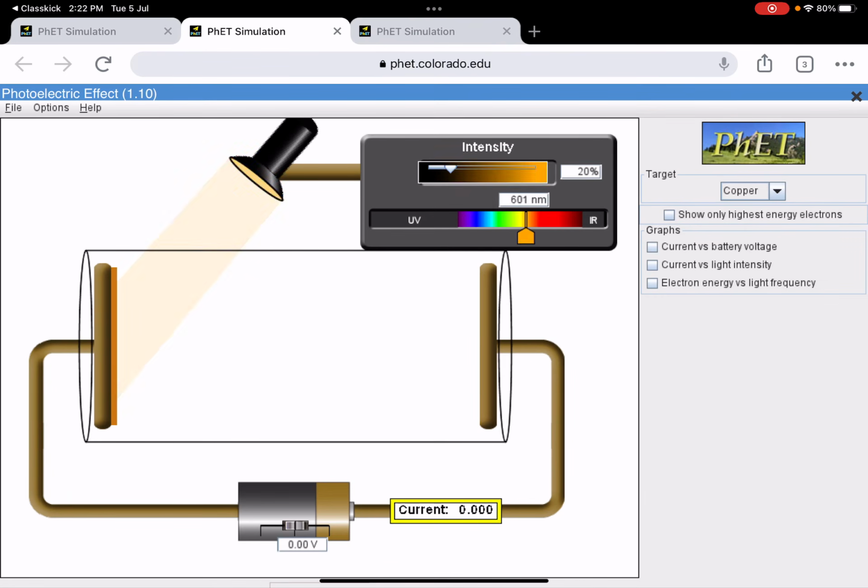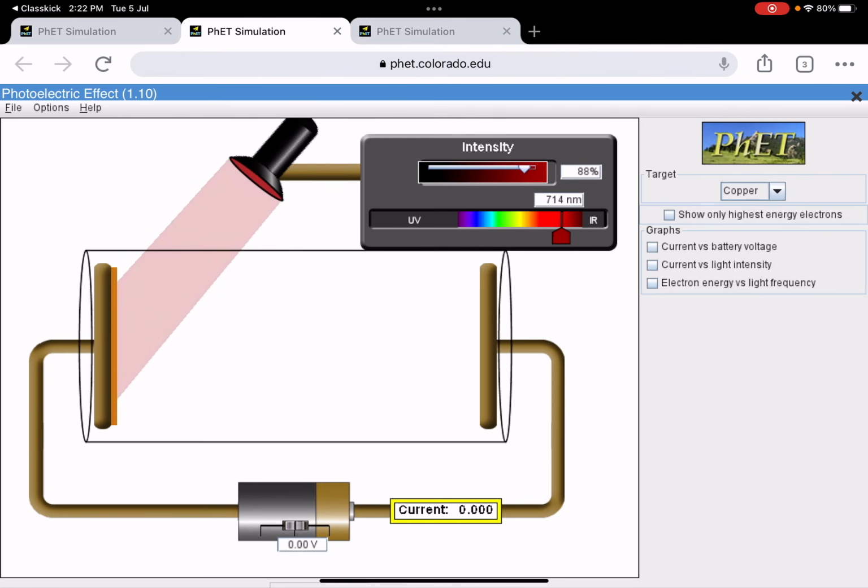And down here, I'm going to play with the energy of the light. So let's start with the lowest energy. Now, at the lowest energy, as you can see, no electrons are yet emitted because simply we don't have enough energy. So whether the intensity was low, amplitude is low, or high amplitude, still we did not meet the threshold frequency and no electrons are emitted.